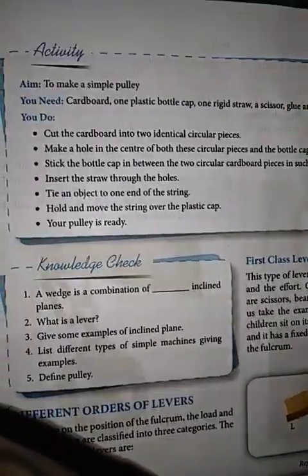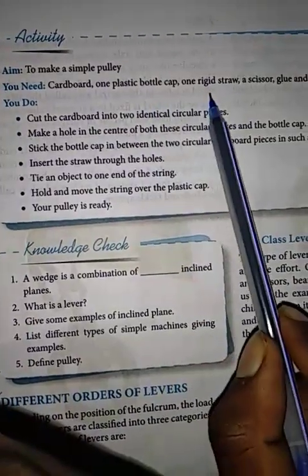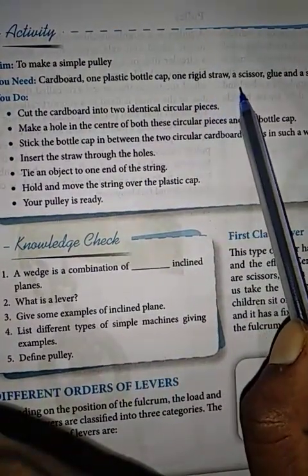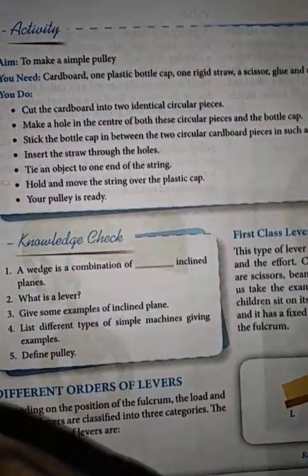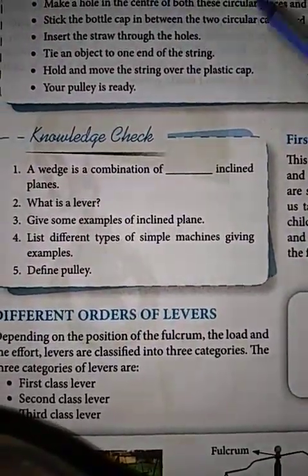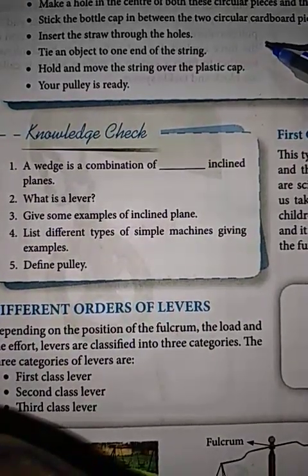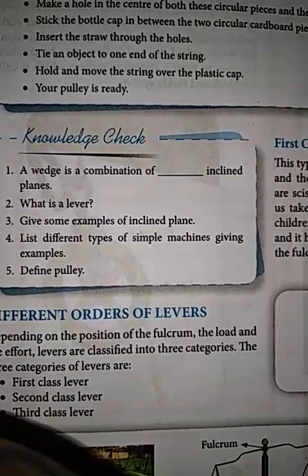To make a simple pulley, we need cardboard, one plastic bottle cap, a rigid straw, a scissor, a jug, and a string. What we have to do? First, we cut the cardboard into two identical circular pieces. Make a hole at the center of the circular pieces and the bottle cap.